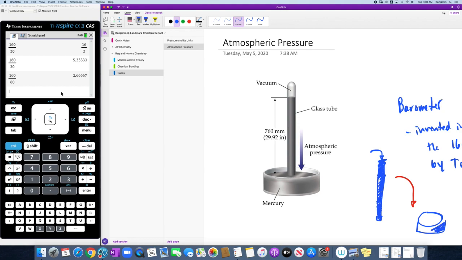So you've got some mercury in this tub here, and now you invert this thing, and it's upside down in the tub of mercury.